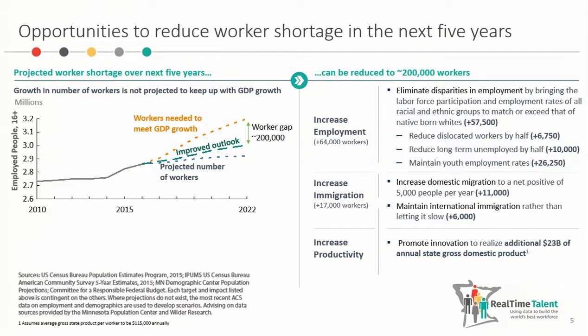Not that we're going to solve it all, but if we had some improvement in reducing dislocated workers, reducing racial disparities, cutting long-term unemployment in half, increasing international immigration, which I know I don't have a magic wand for, and also increasing the number of people who migrate in and stay from other states, and we have reasonable success at that, we can reduce that workforce gap down to about 200,000.